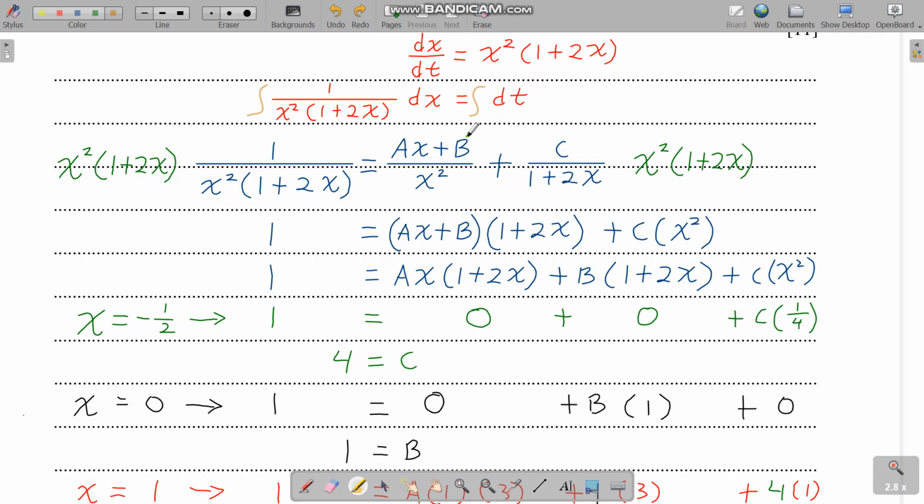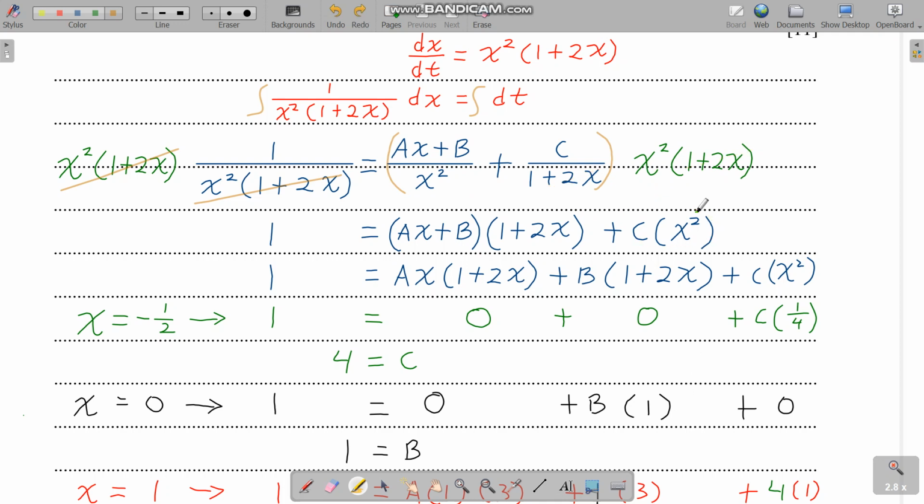So here I'm using the unfactorizable quadratic form, and for this is of course the simple linear, and we multiply both sides by the denominator so they cancel out on the left, and on the right when we multiply they cancel out. We have ax plus b times 1 plus 2x, and when you multiply this you cancel out, we have c times x squared.